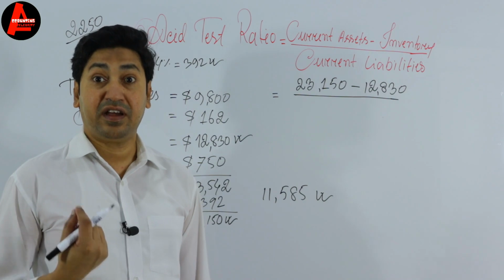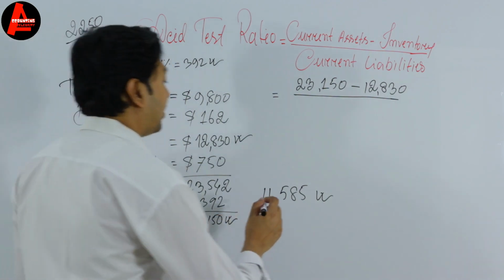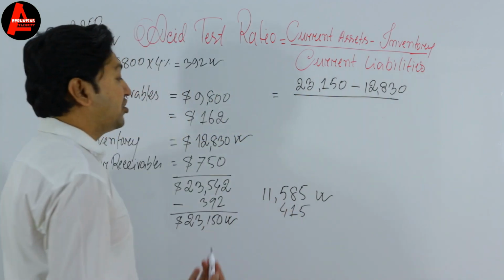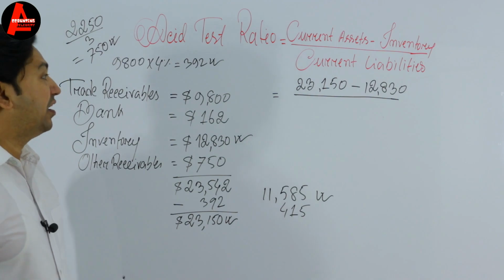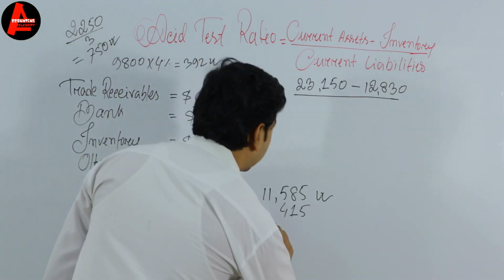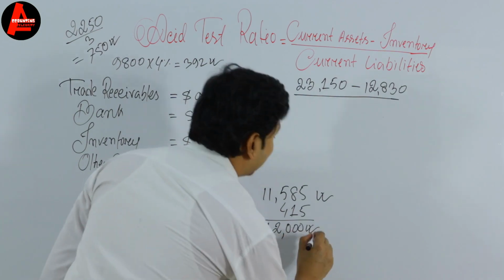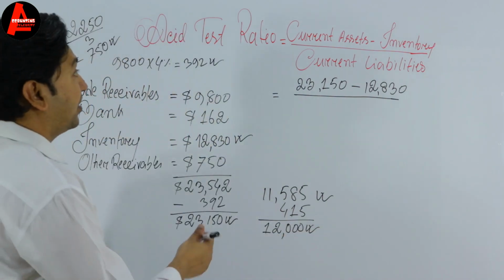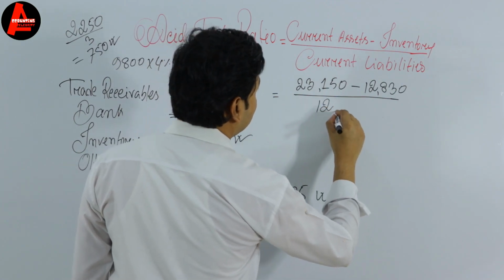It is a current liability. So let us write here $415. So these are two we have on the question as a current liability. Now if we sum up these two amounts, we get $12,000, right? This is our current liability. So let us write here $12,000.